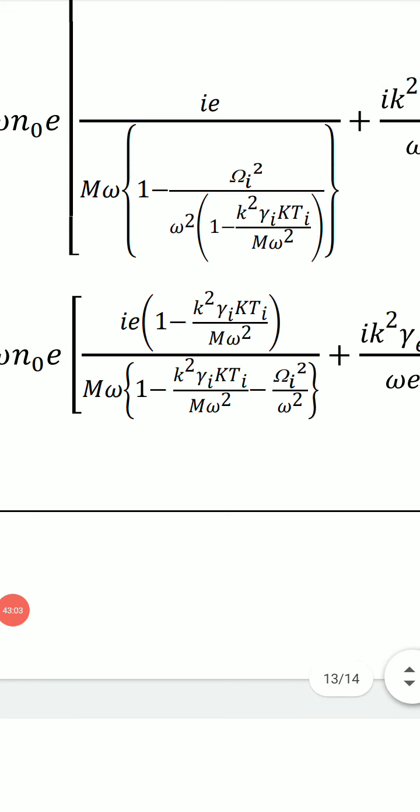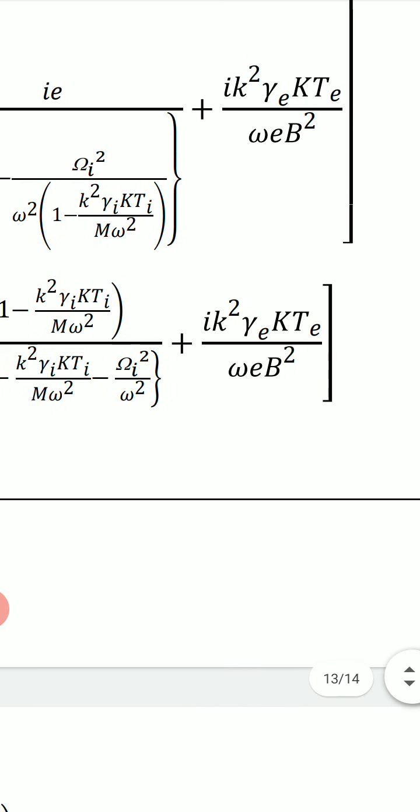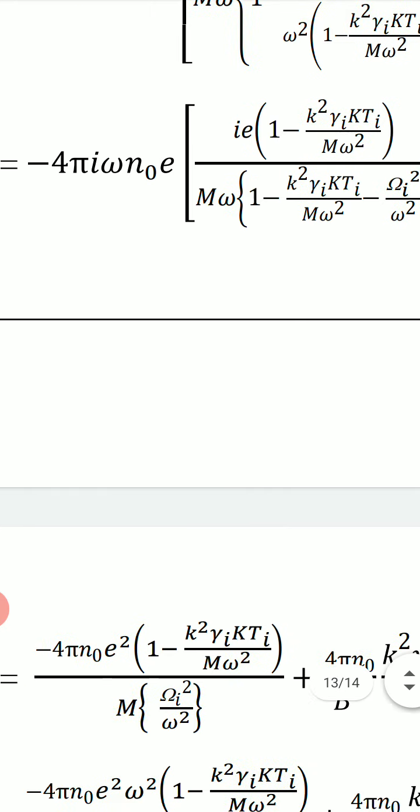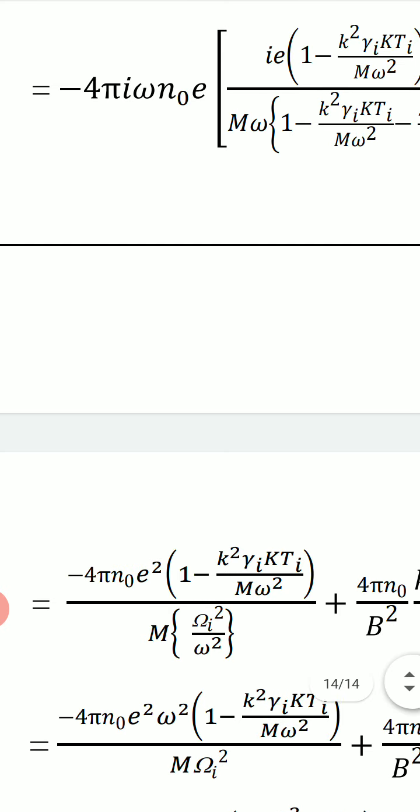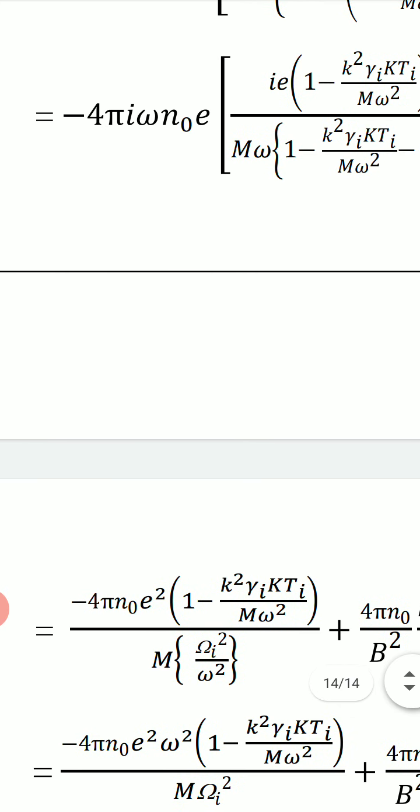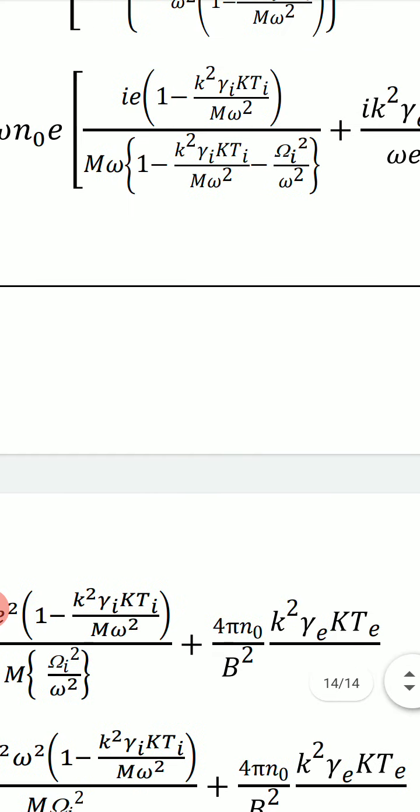We multiply the first term by 1 minus k square gamma i k Ti upon m omega square in numerator and denominator and get this expression. And the second term is the same. In the next step we write it as minus 4 pi N0 e square. So we multiply this term outside the bracket to both the sides.